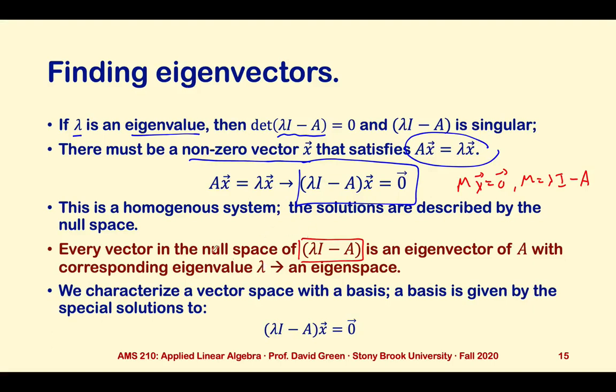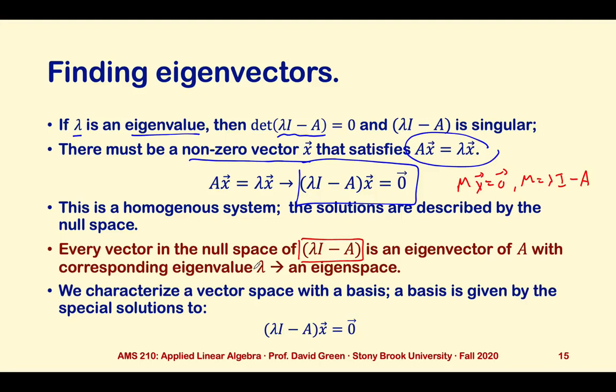This tells us right away that if lambda is an eigenvalue, it has many eigenvectors. Every vector in the null space of this matrix is an eigenvector. So perhaps we can discuss an eigenspace, a vector space of eigenvectors for this eigenvalue.